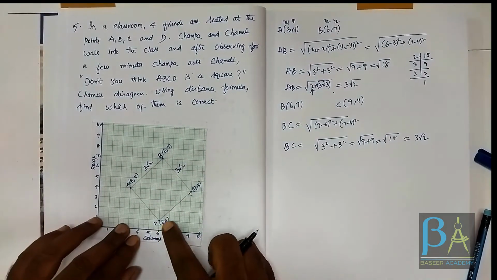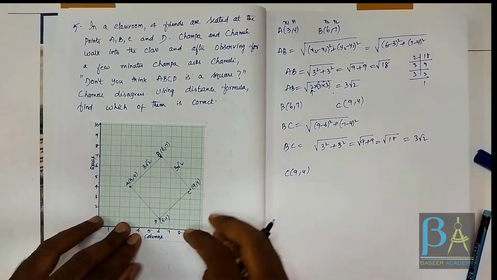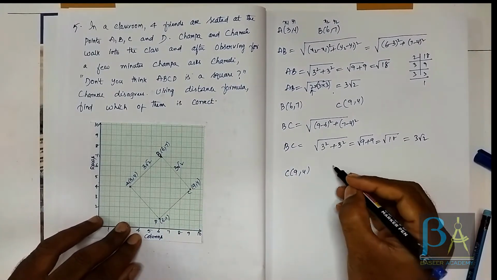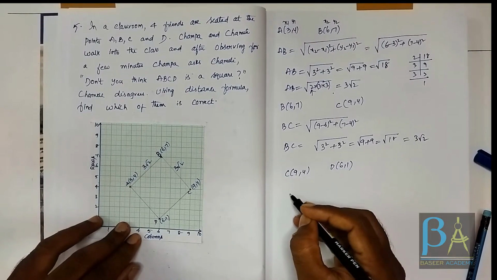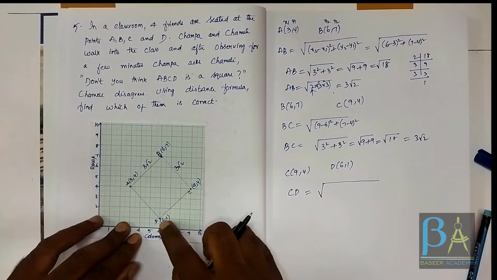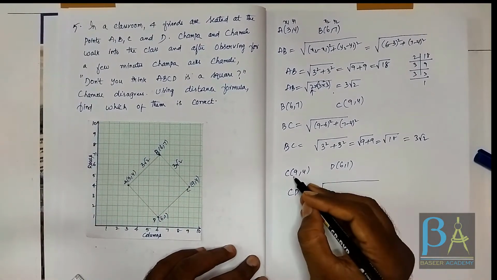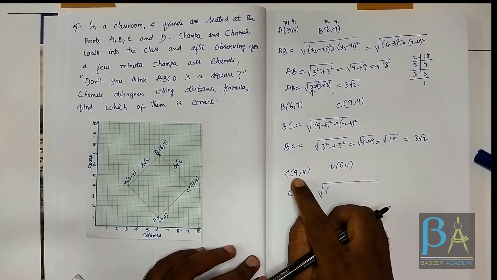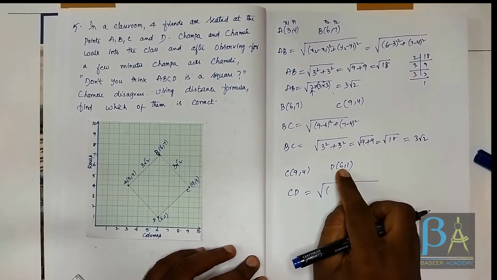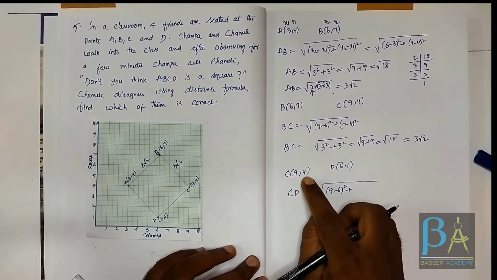Let me also find out CD. C is 9, 4, and then D is 6, 1. You can write it as CD, or you can just write it as DC, your personal choice. Now what would be the distance between C and D? Subtract the x coordinates. The x coordinate is 9 here, the x coordinate is 6 here. So 9 minus 6, square it, and then subtract the y coordinates.